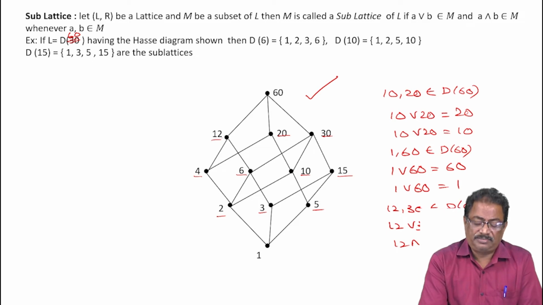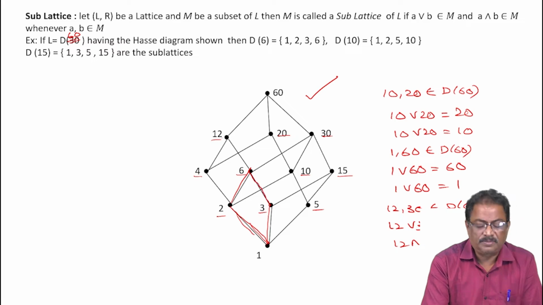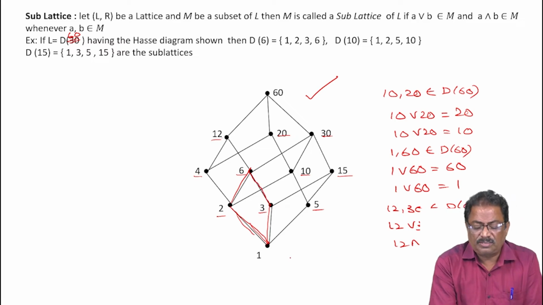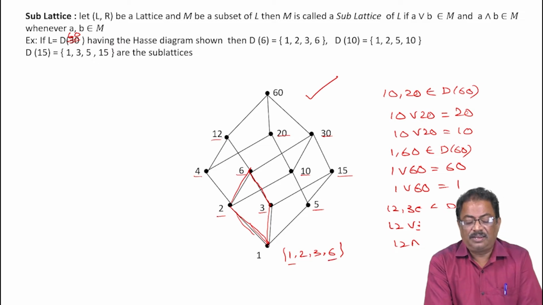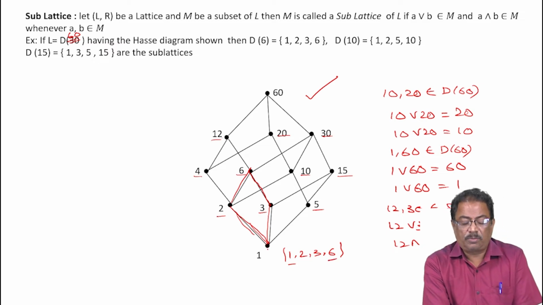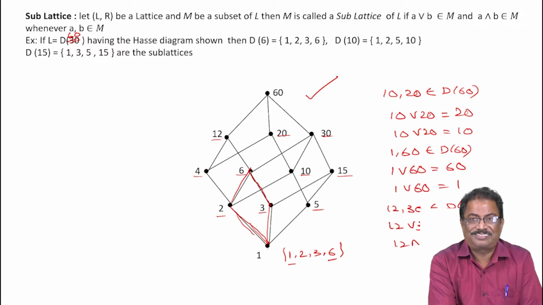Now let us consider D6, divisors of 6. So 1, 2, 3, 6. You observe this 1, 2, 3, 6. Here any pair, if I am taking 1, 6, the greatest lower bound is 1 and the least upper bound is 6.